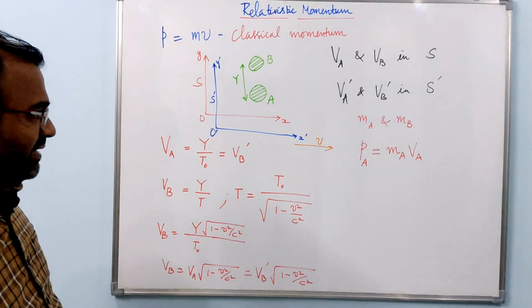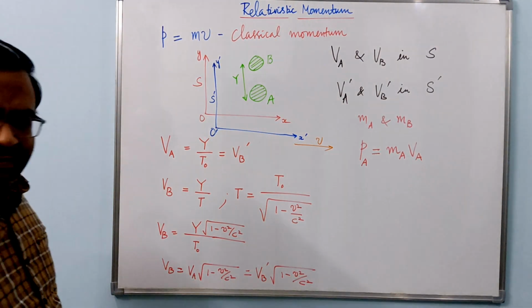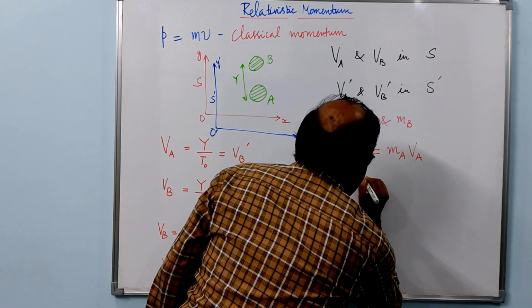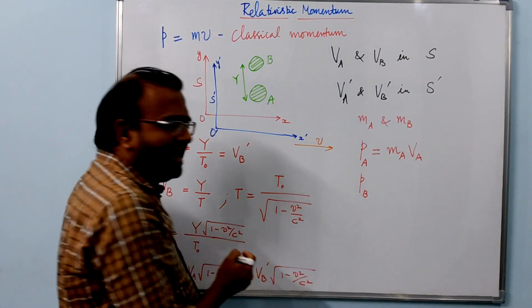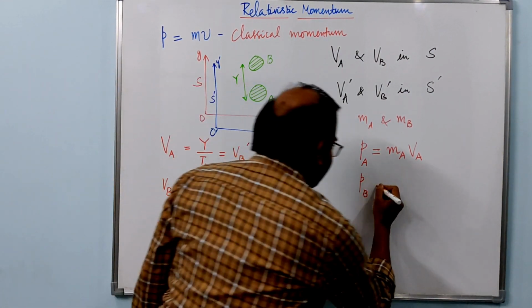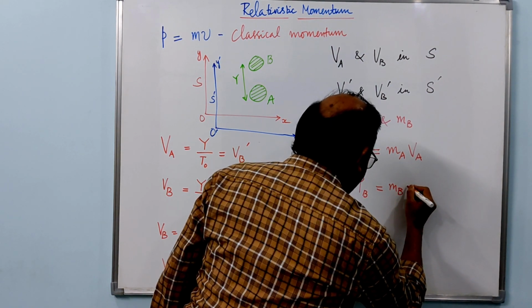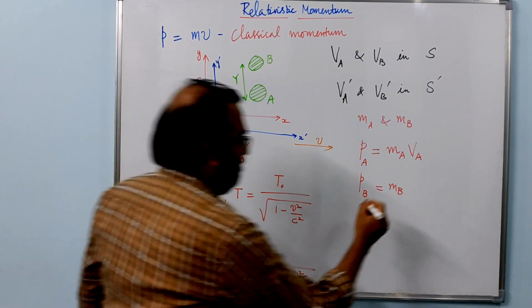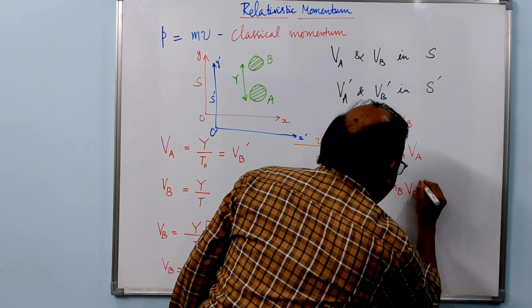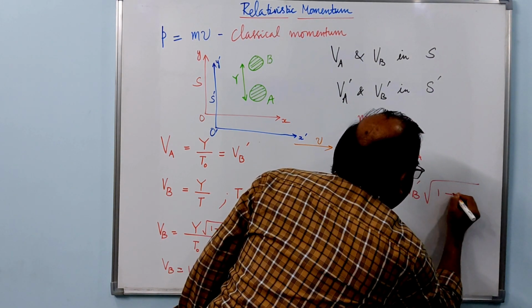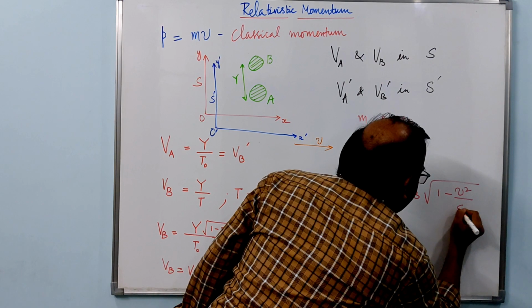This is the momentum in the frame of reference S, and the momentum of the object B in the same frame of reference S is equal to MB times VB, which is equal to VB prime times square root of 1 minus v squared over c squared.